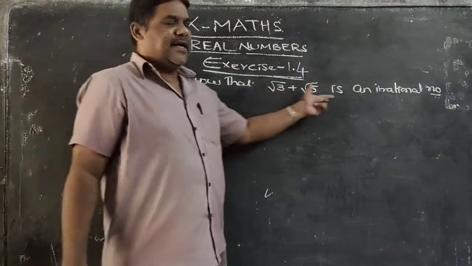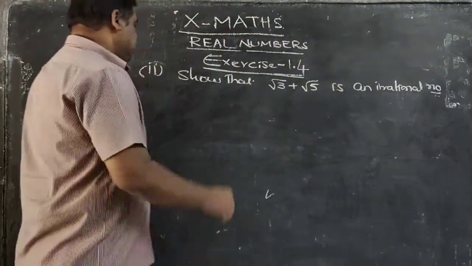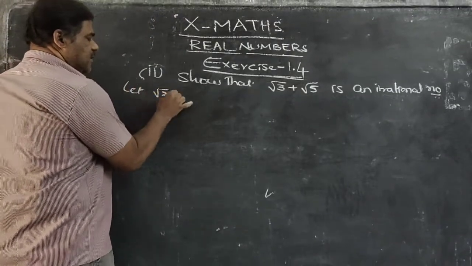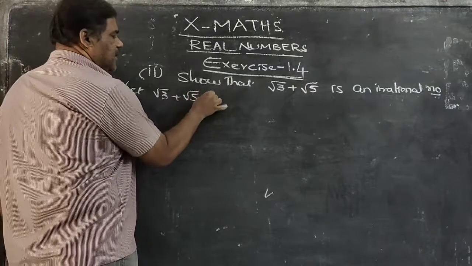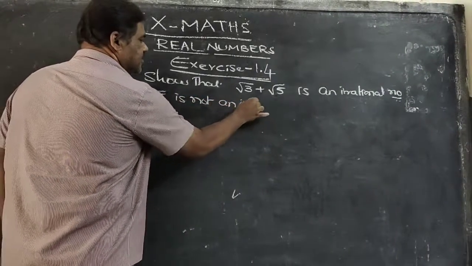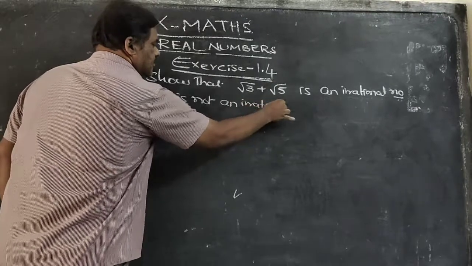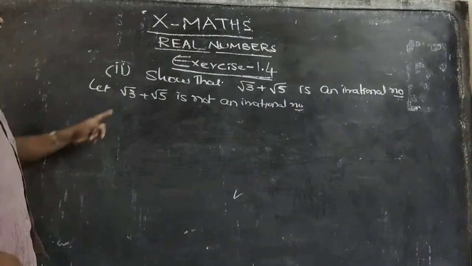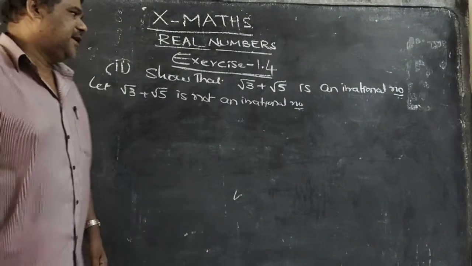So let us take the indirect method to prove this. First we have to suppose that root 3 plus root 5 is not an irrational number.